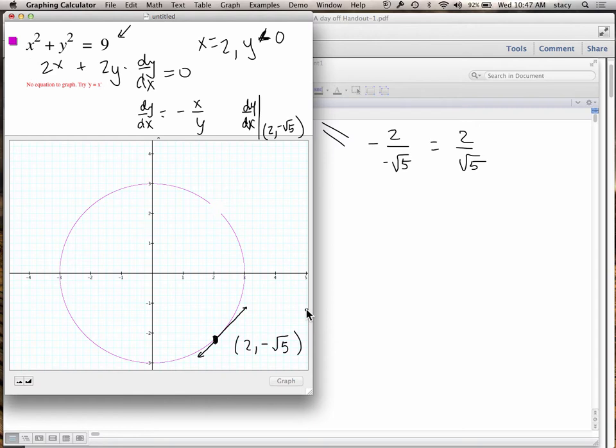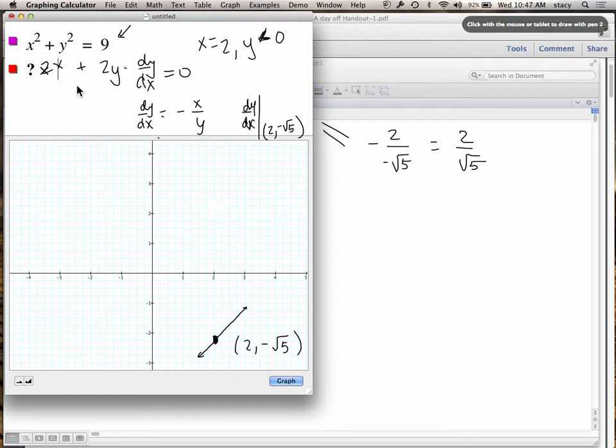Now, if I actually wanted to check for real, then what would I do? I would type in the equation of the tangent line and graph it. So let's do that. What's the equation of the line?